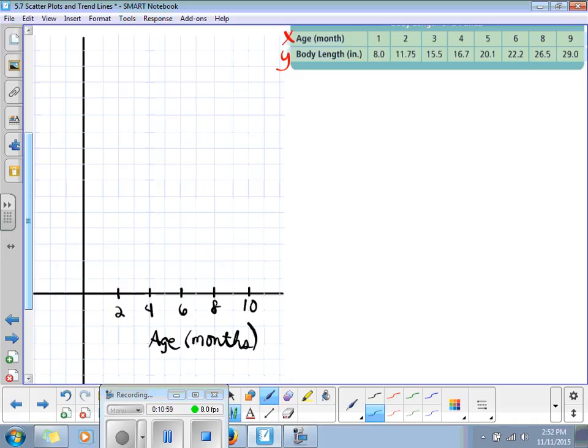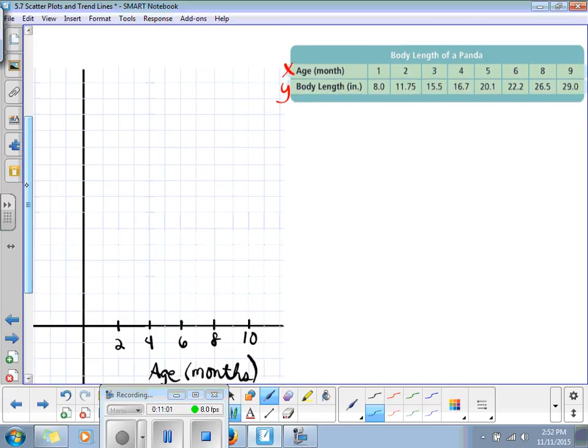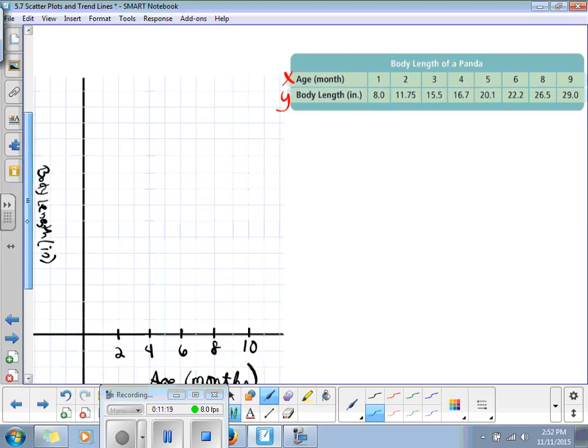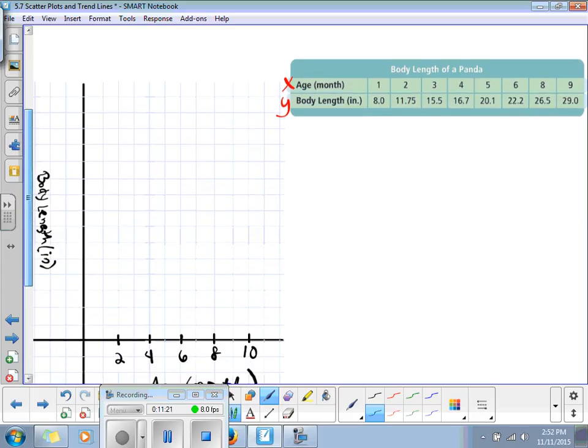And the body length in inches goes right there. So let's see, 8 to 29. So 2, 4, 6, 8, 10. 2, 4, 6, 8, 20. 2, 4, 6, 8, 30.